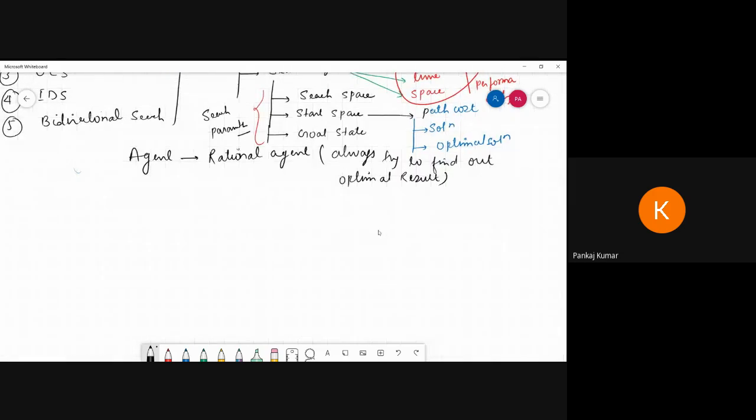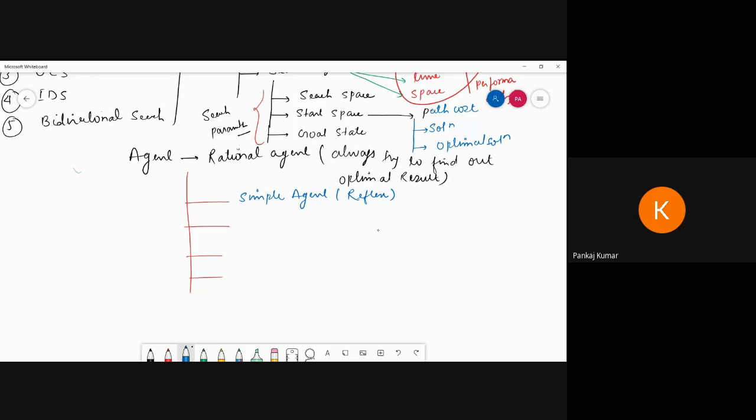So we can discuss the rational agent and how you can follow it. First, the simple agent, sometimes called reflex.